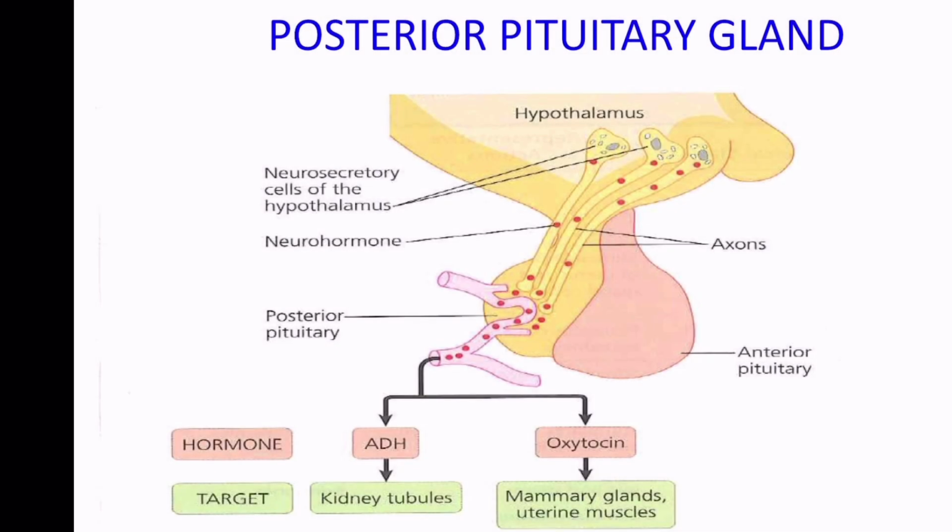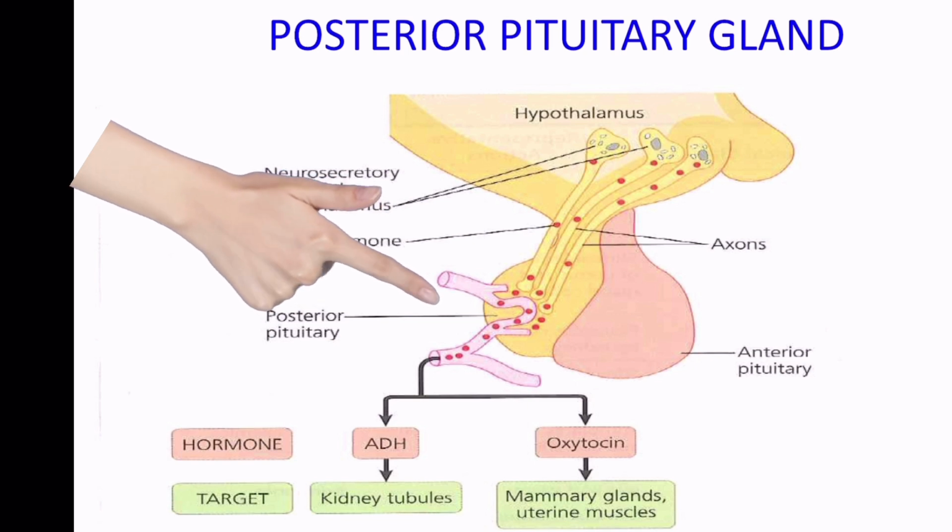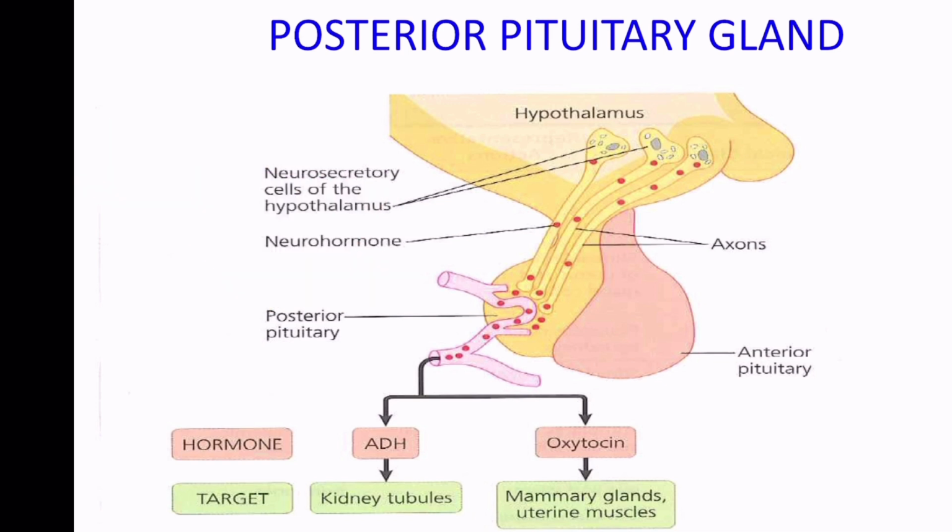This figure shows the illustration of posterior pituitary gland in human. Firstly, after being stimulated, hypothalamus will secrete a hormone called neurohormone. And then this hormone will target the posterior pituitary gland to secrete ADH or oxytocin.